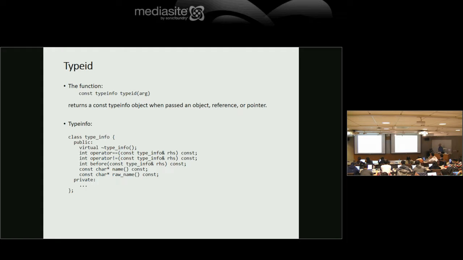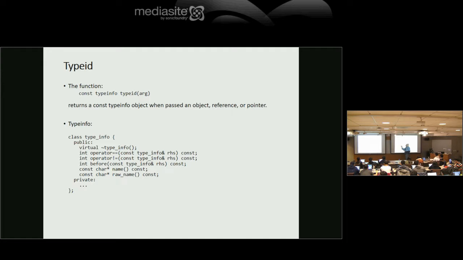I have a function, std::typeid, that returns a std::type_info object. And with the type_info objects, I can compare two different type_info objects to see if they came from the same type, or see that they didn't come from the same type.